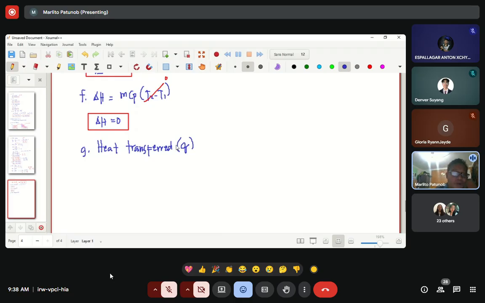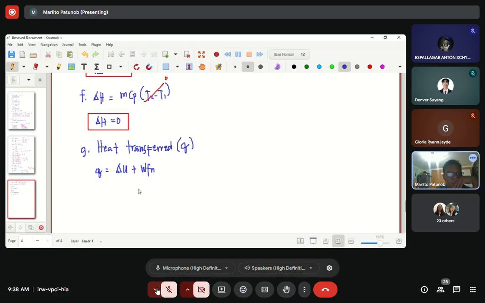Okay. So for our heat transferred Q, we know that Q is delta U plus the work non flow.